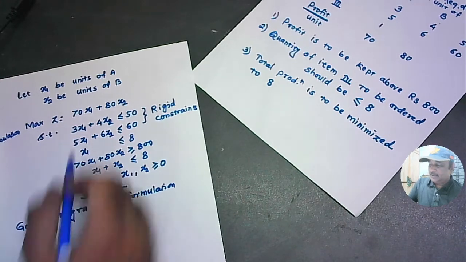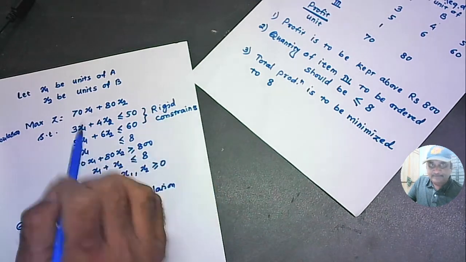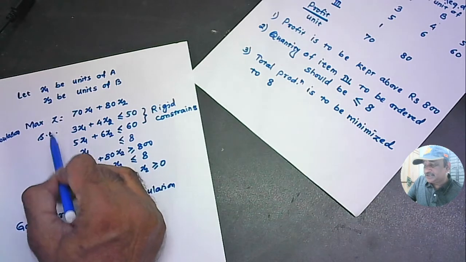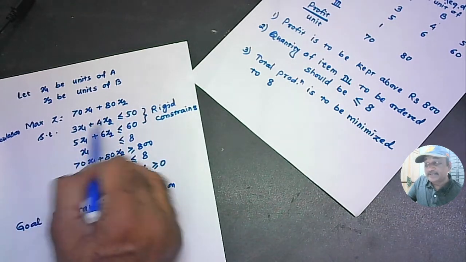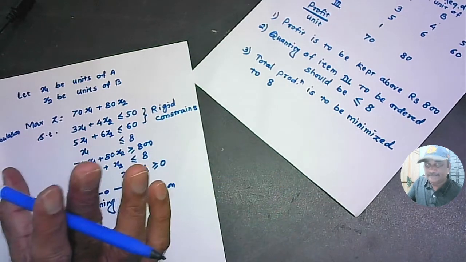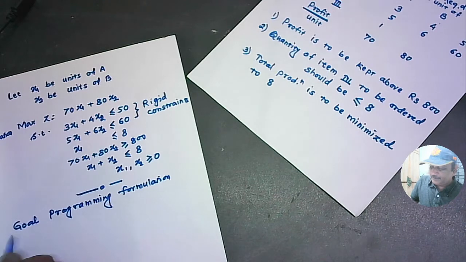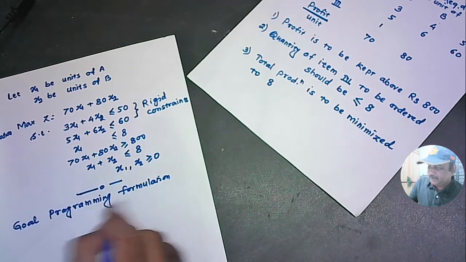Now I know that 3x1 plus 4x2 is less than or equal to 50. What may happen is that this may sometimes be lesser than 50 or sometimes greater than 50, which I want to avoid. So I take two types of variable.